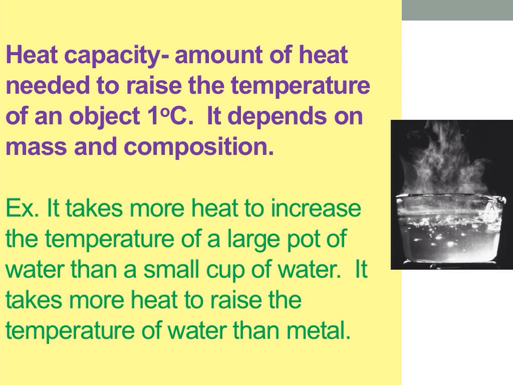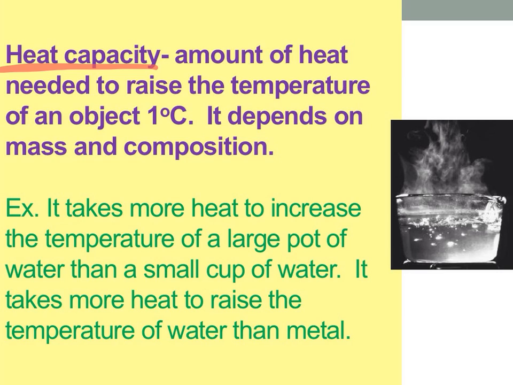Another vocabulary term that we want you guys to understand is heat capacity. It's the amount of heat needed to raise the temperature of an object 1 degree Celsius. It depends on mass and composition. So you guys might say, oh, well, that sounds like a calorie because we had just talked about heating up an object by 1 degree Celsius, a cube of water?